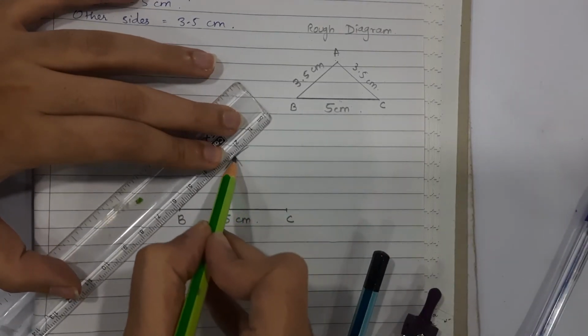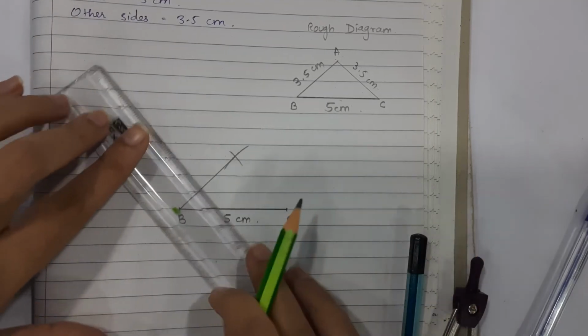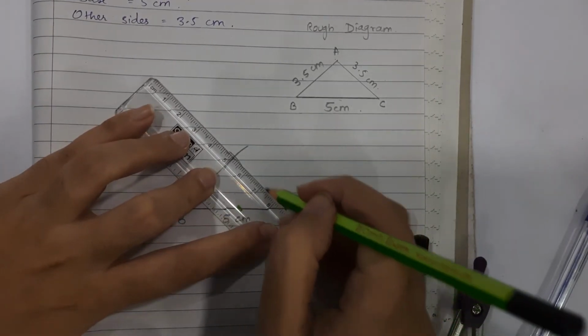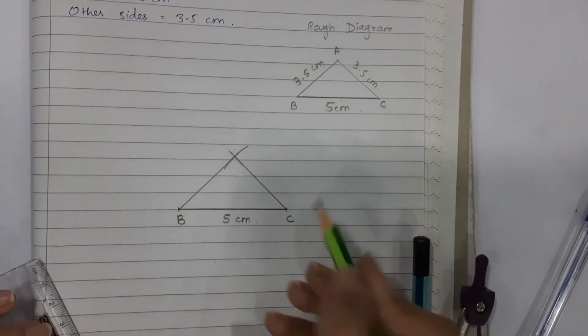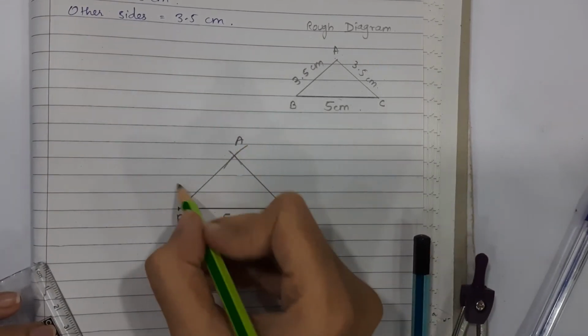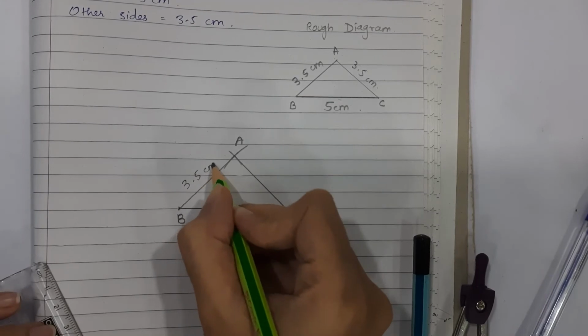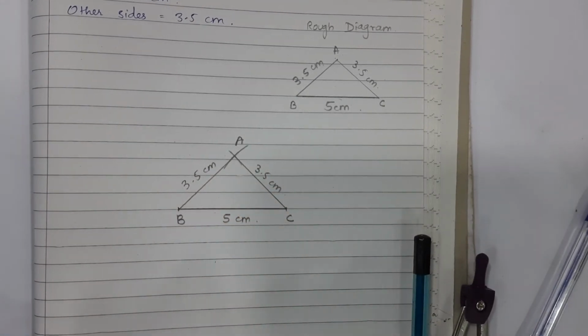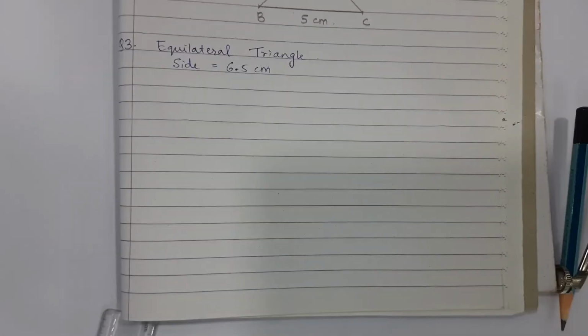So I have done it. And now join the points, join all the three vertices. And this is how we get an isosceles triangle ABC. Once we are done, it is very important for us to label all the points.